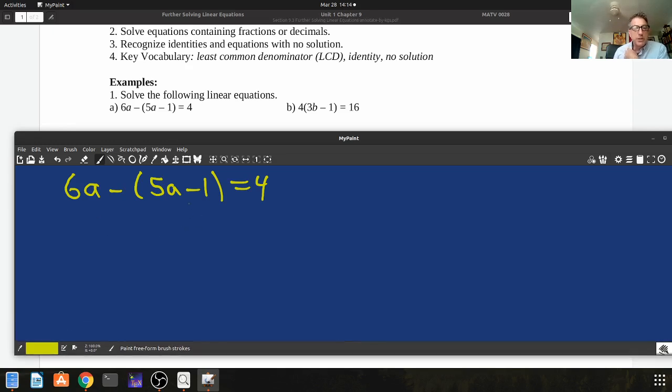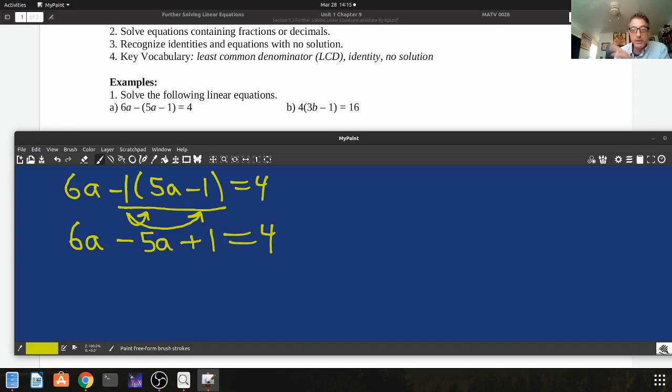Again, all we do is use distribution, and what we're going to simplify first is the minus, in parentheses, 5a minus 1. If you recall from our last lecture, this is the same as minus 1 times 5a, using distribution. So that becomes minus 5a. And then using distribution again, minus 1 times minus 1 is a plus 1. And all of that is equal to 4.